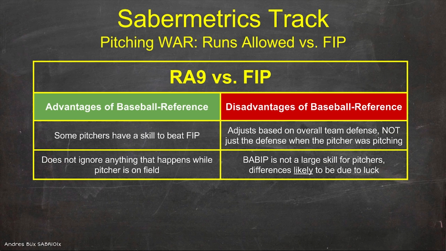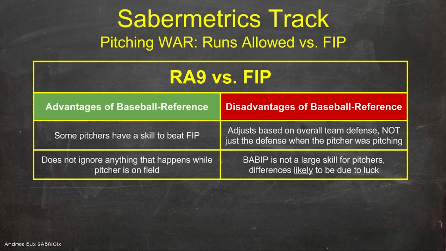Now, Baseball Reference tries to adjust on overall team defense. But that's not always the defense behind the pitcher when they're pitching. It's an average defense for that team as opposed to the defense that's behind them when that pitcher is playing.